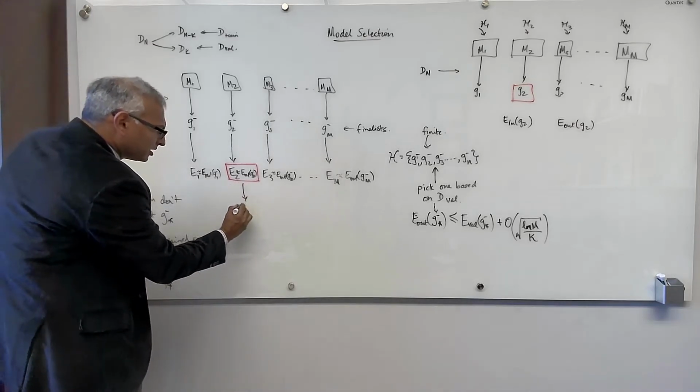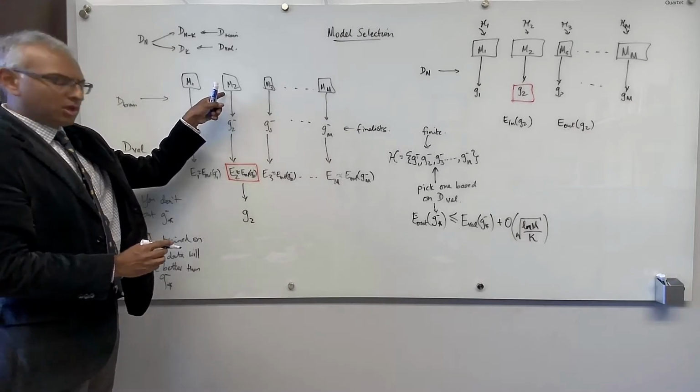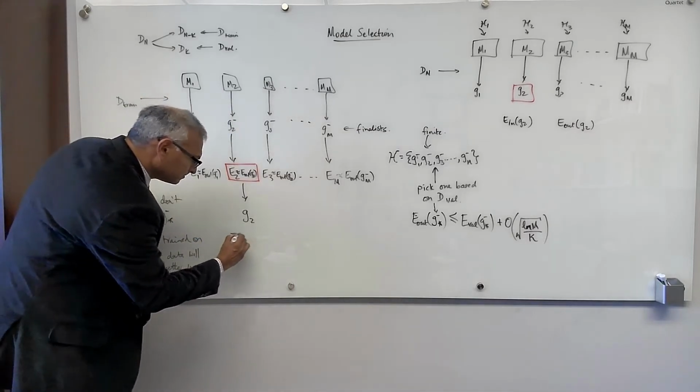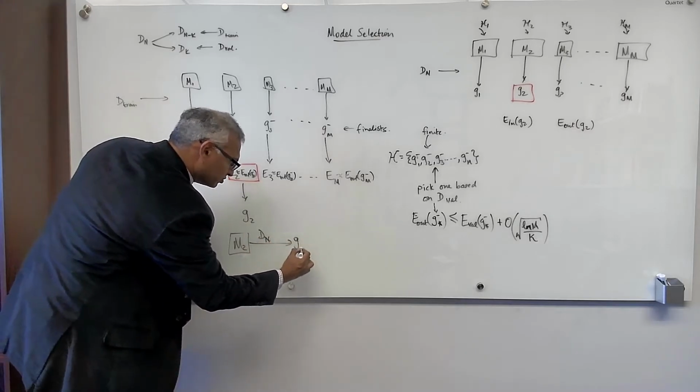So you output from here g2. What does that mean? You run model 2 with all the data. So you take model 2, you run all the data, D_N, and compute g2.